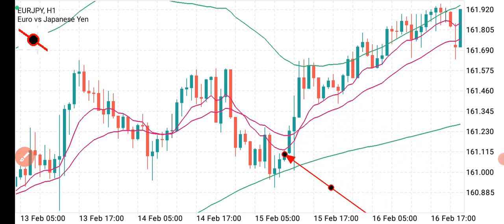Remember, you are not taking these trades in isolation. What do I mean? Because price just closed above the moving average does not mean you jump into the trade. You need to know where are your order blocks, where are your support and resistance.